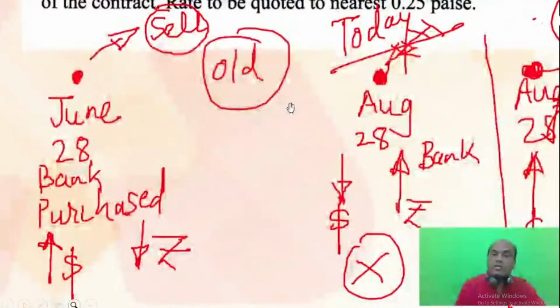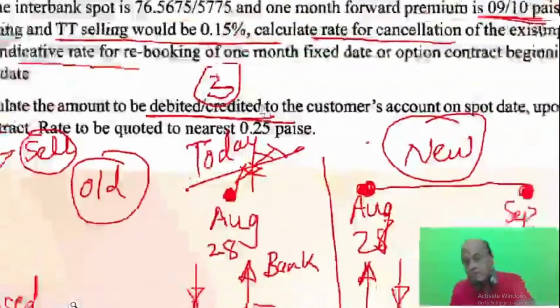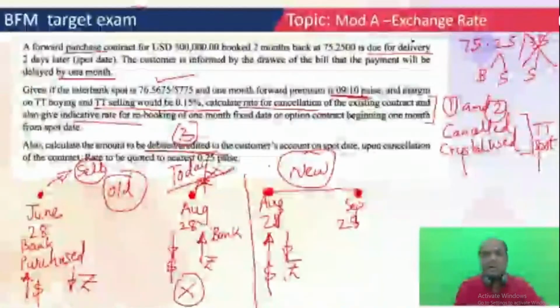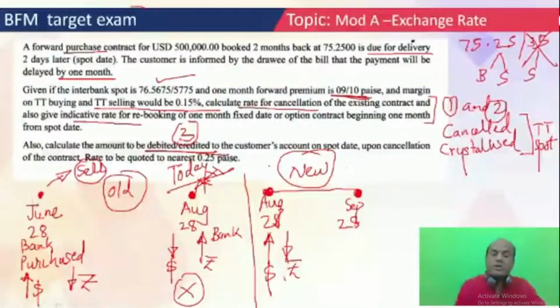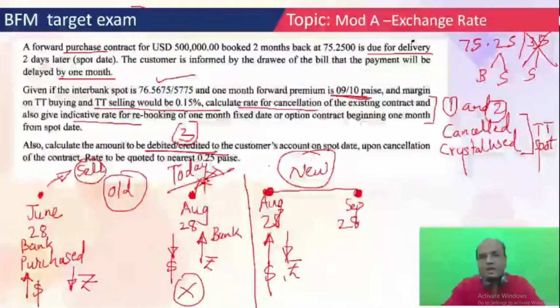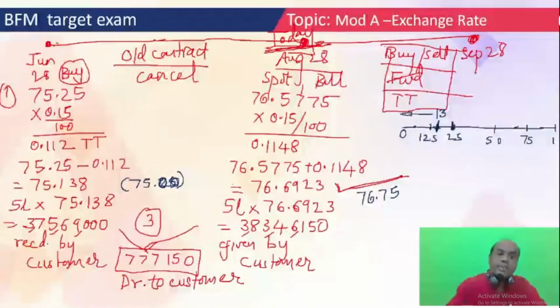So what amount did I give as a bank? If I am the bank, what amount did I give to the customer at that time, or contract to give? Here, I may not be giving the exact amount. I may contract to give. Look at this. June 28th, 2 months back. What was the rate I booked? 75.25.